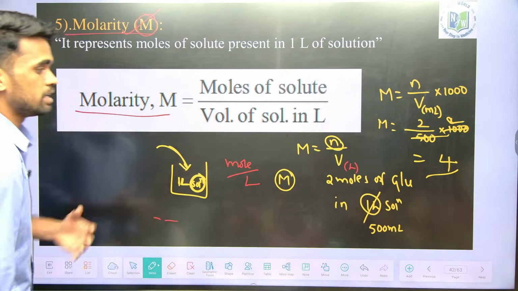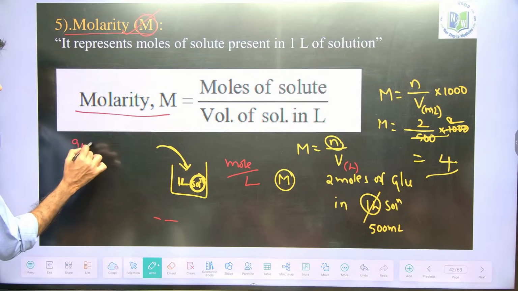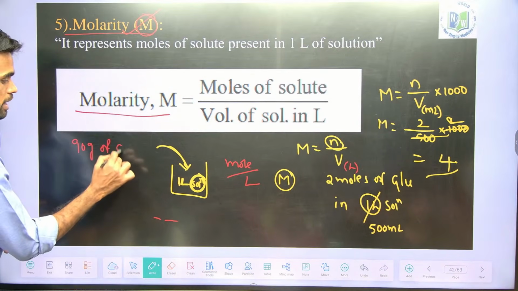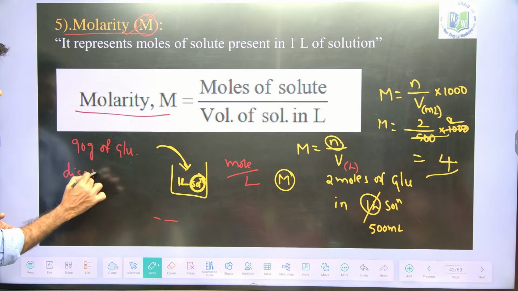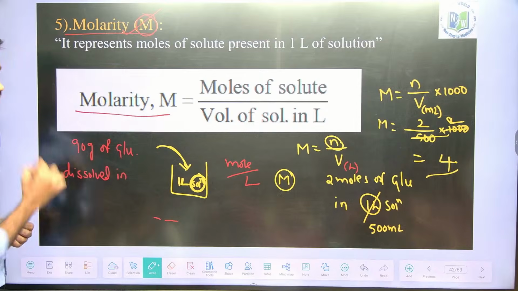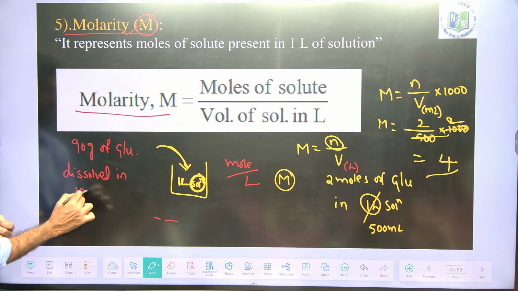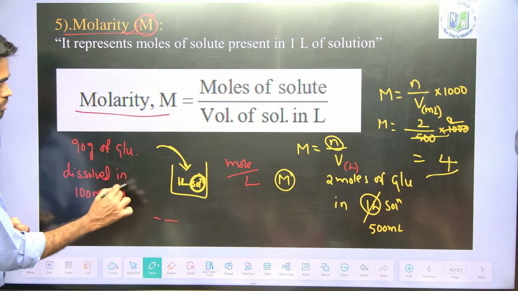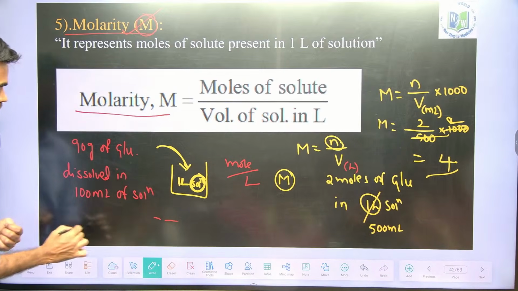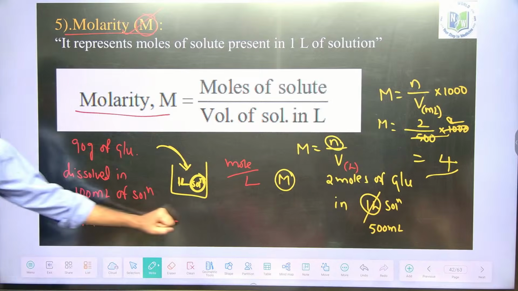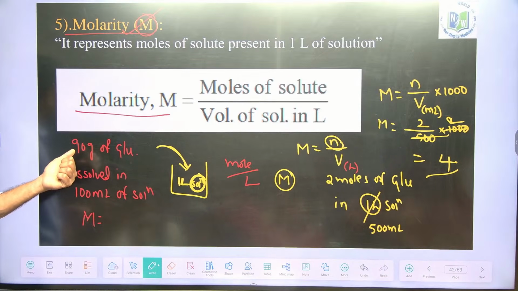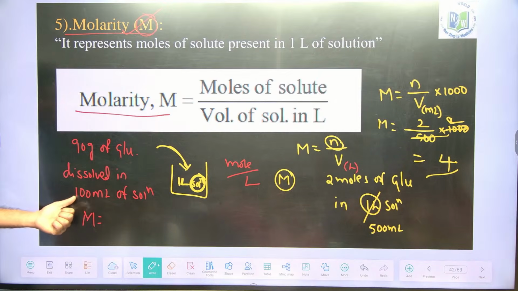Next question: 90 grams of glucose dissolved in 100 ml of solution. So what is its molarity? Tell me fast. How much have I given? 90 grams of glucose dissolved in 100 ml of solution.